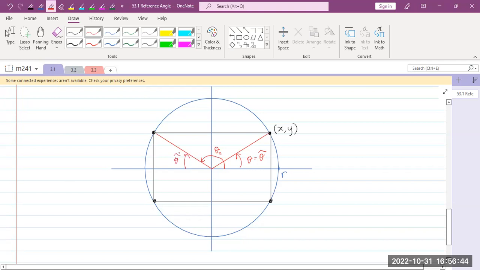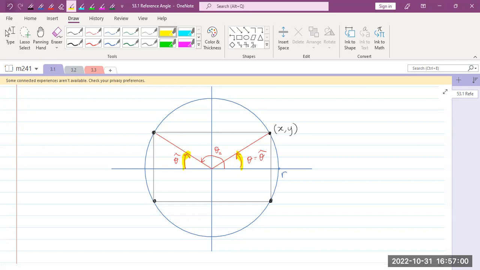You see that? The opening here, how big this is, is the same as how big that is. So they have the same reference angle. The angles are different. Theta is in quadrant 1, theta 2 is in quadrant 2, right?